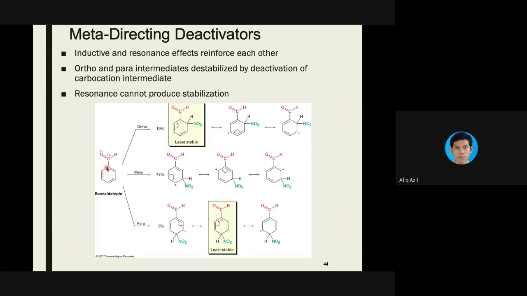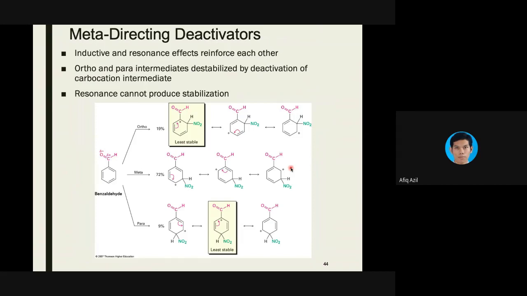But then the new substituent that will substitute one of the hydrogens in the benzene will prefer to go to the meta position. Okay, the reason is not that the meta position has the most stable carbocation or intermediate structure.